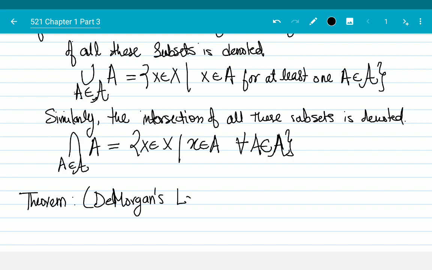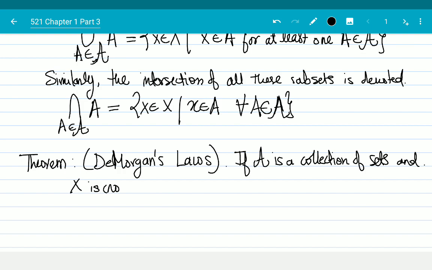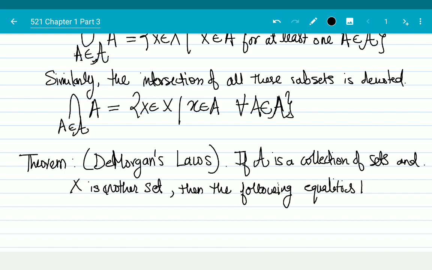If A is a collection of subsets, maybe they're subsets of X or whatever, it doesn't matter, and X is another set, then the following equalities hold.